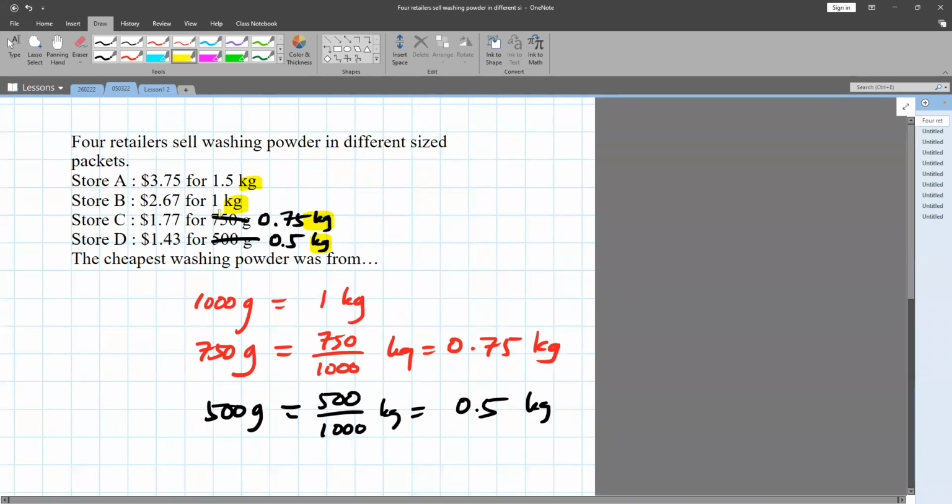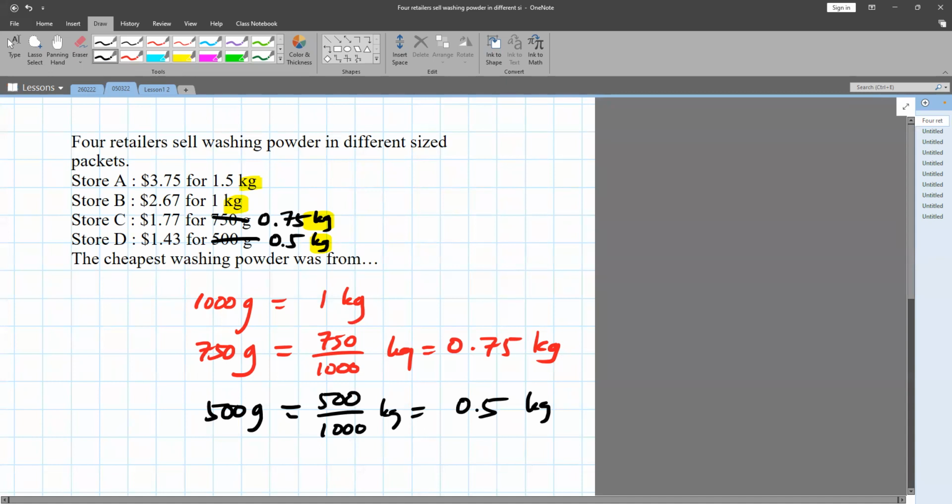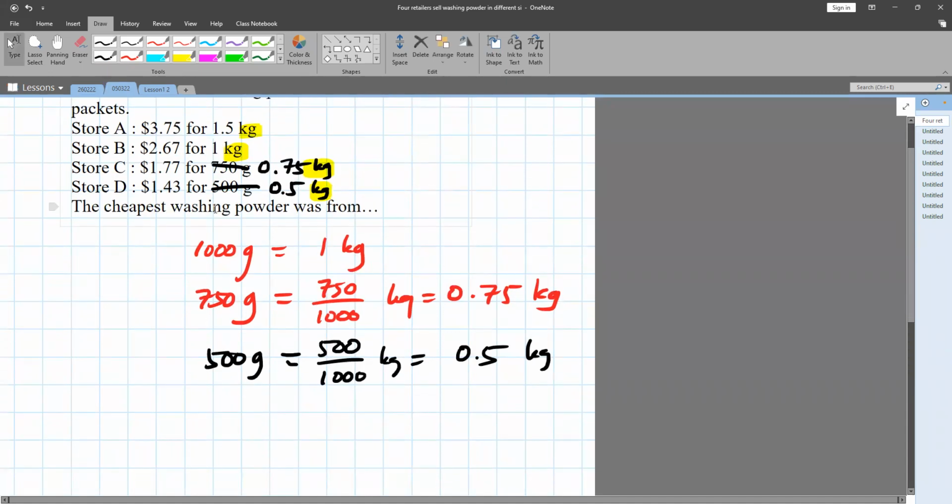Now it comes to the comparison. Store A sells $3.75 for 1.5 kilograms. So the question is, what is the price for each kilogram?